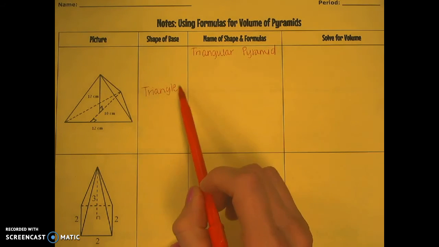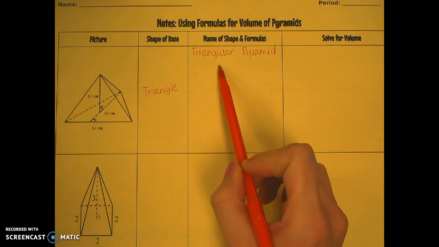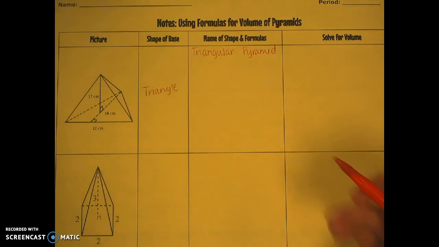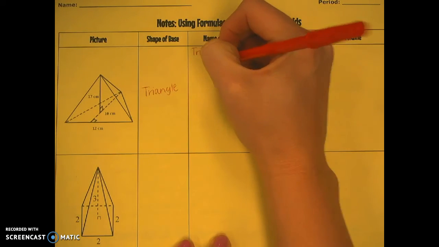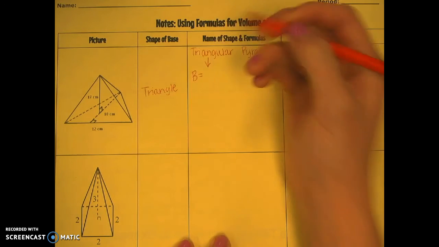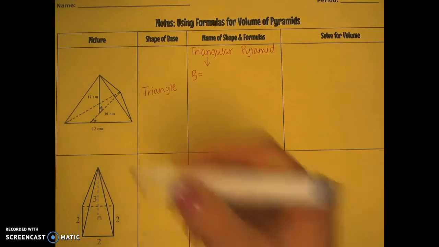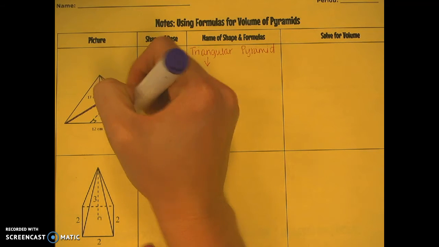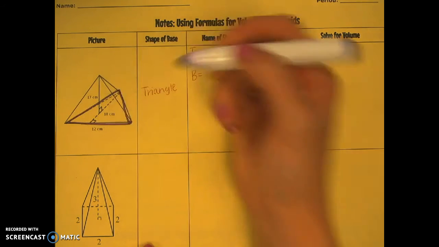So the shape of the base, remember, tells me what I'm going to need to use to find the area of the base, so big B. So since it's a triangle, to find big B, I've got to find the area of this triangle right here. That's my base.